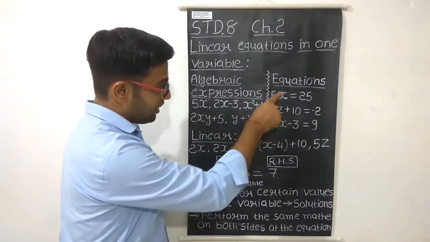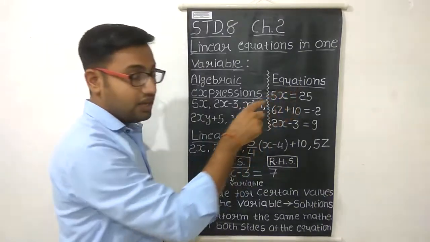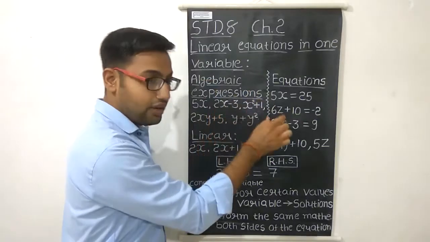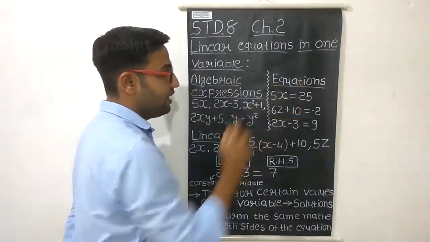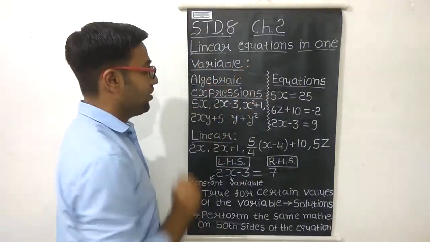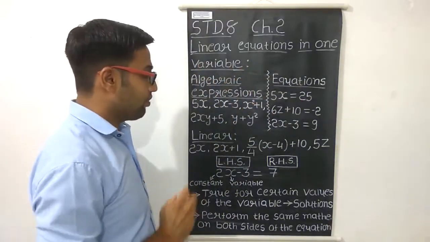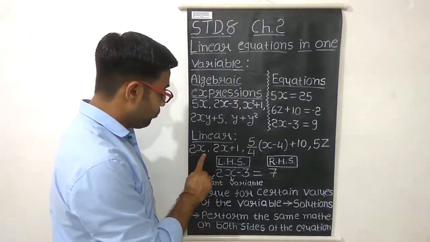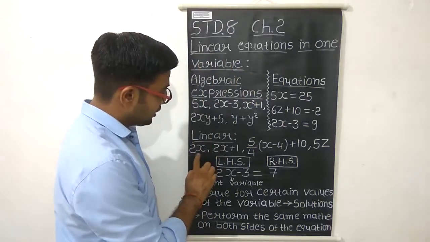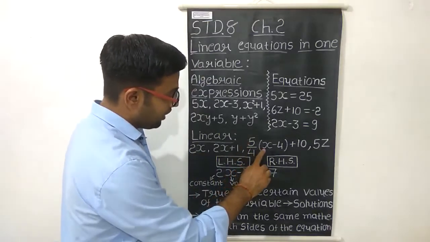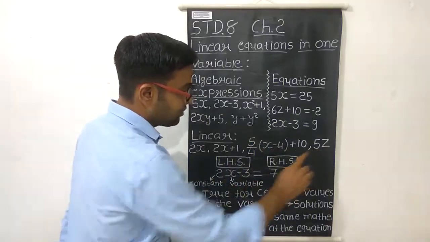So now we will note what an equation is. If we compare the value of an expression with some value, then it becomes an equation. And we have to study linear equations in one variable. Some examples of linear equations in one variable: see, these are the expressions 2x, 2x plus 1, 5 upon 4, x minus 4 plus 10 and 5z.